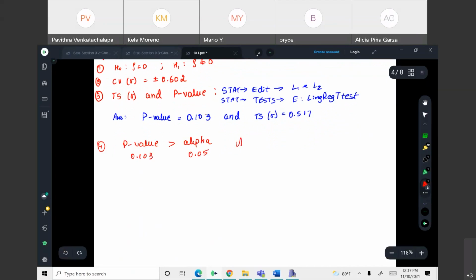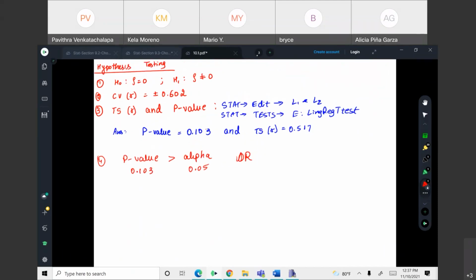Also, you can compare the critical value R with the statistic value R. The critical value which we got is 0.602, just always take a positive value. The statistic R is 0.517.